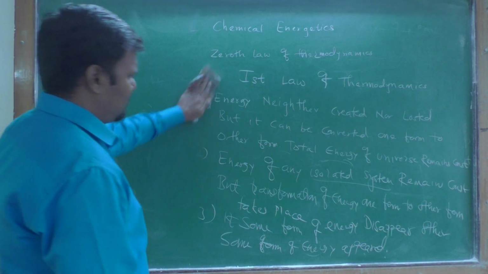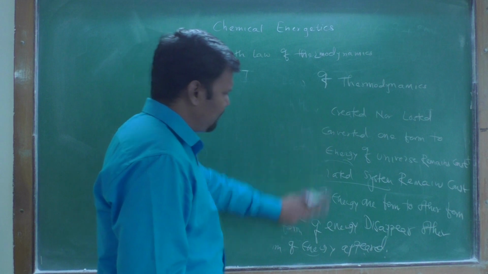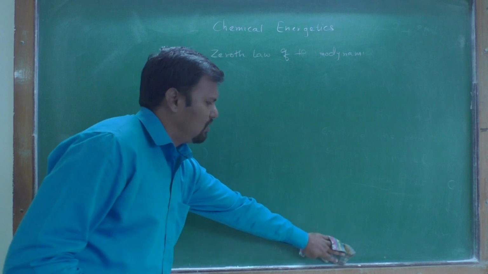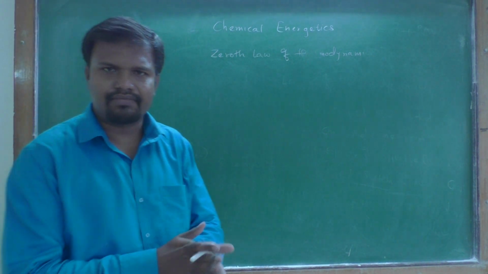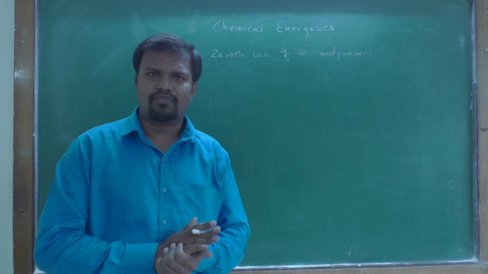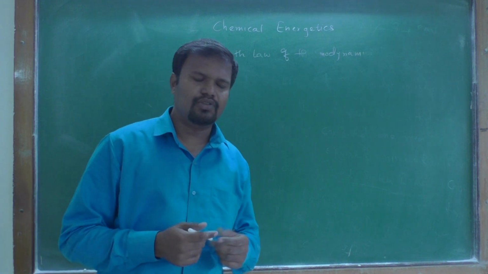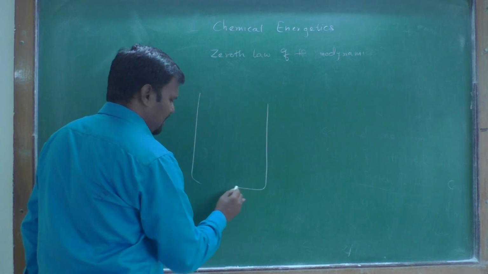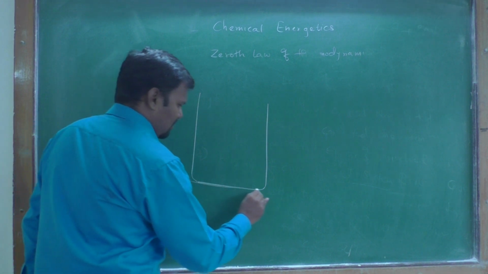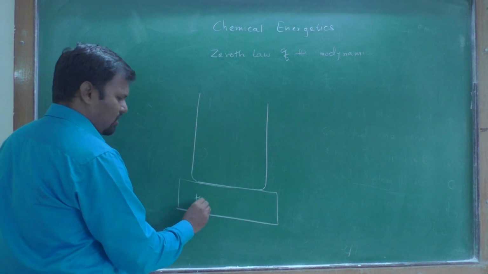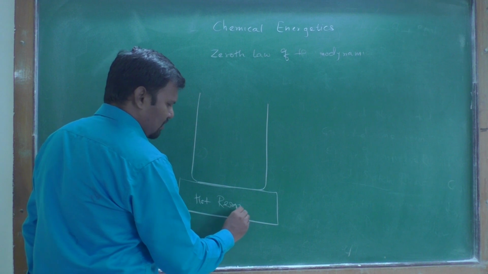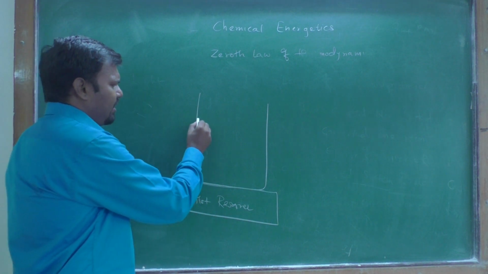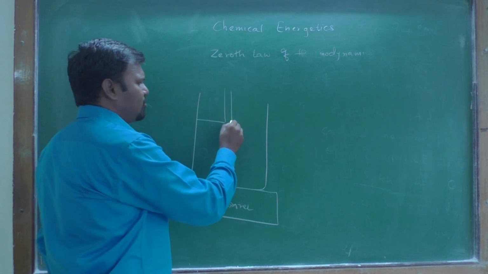Then, for recapitulation, we can see the mathematical formulation of the first law of thermodynamics. Suppose there is a cylinder on a hot reservoir, meaning a reservoir at a higher temperature, and a piston is there.